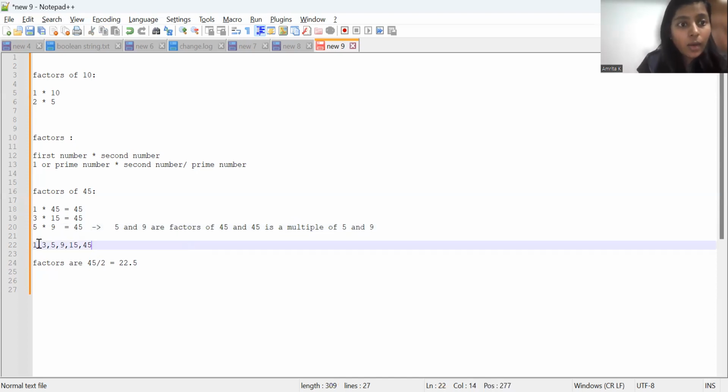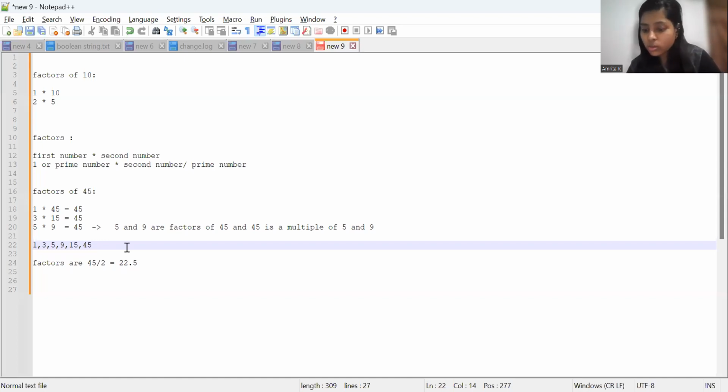Okay. Our complete set of factors of 45 is this: 1, 3, 5, 9, 15, 45. So until now, we got to know what are factors, what are factor pairs, what are multiples, and the factors of 45, the formula to calculate factors.